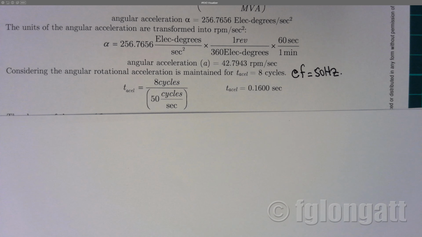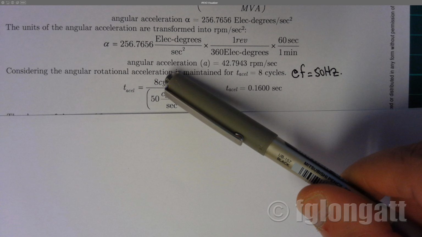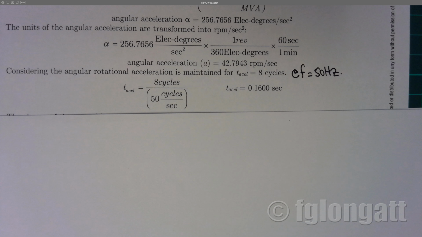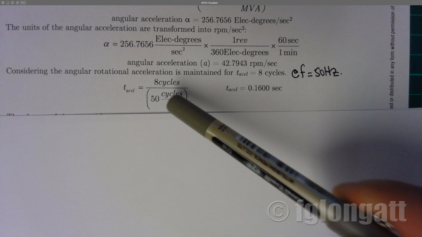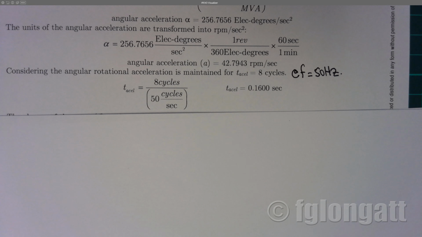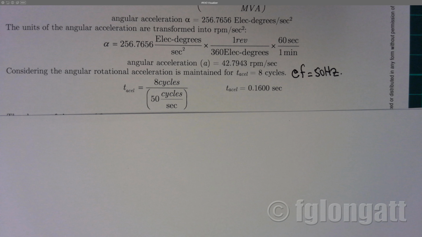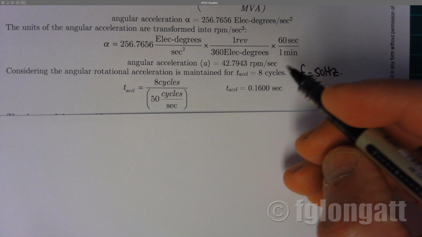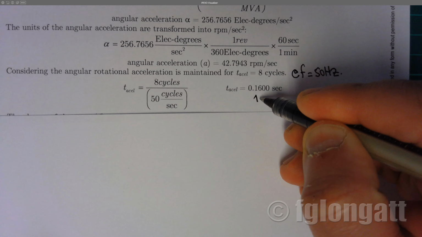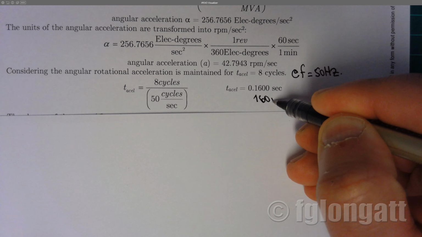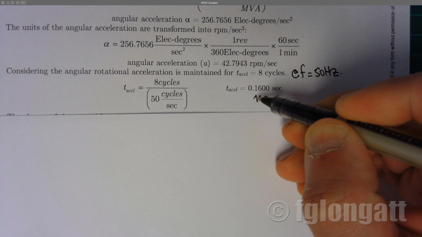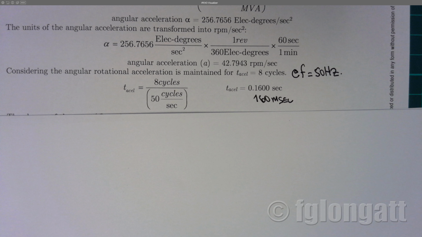If we are using a frequency of 50 hertz, it's very simple to calculate the accelerating time. 8 cycles divided by 50 hertz, or 50 cycles per second, we obtain that the acceleration time in this case is 160 milliseconds, or 0.16 seconds.